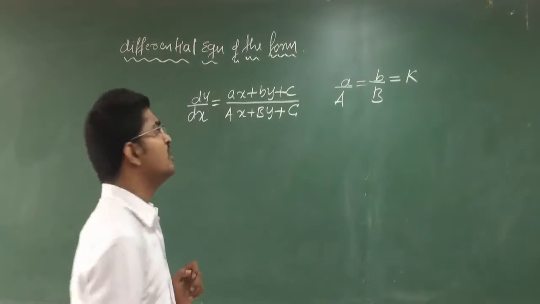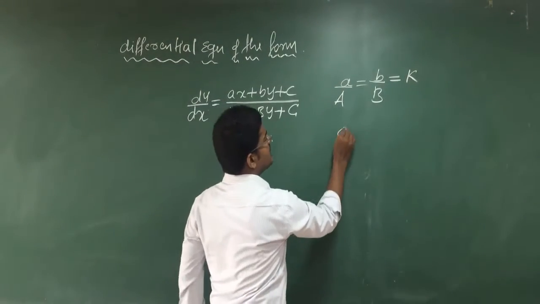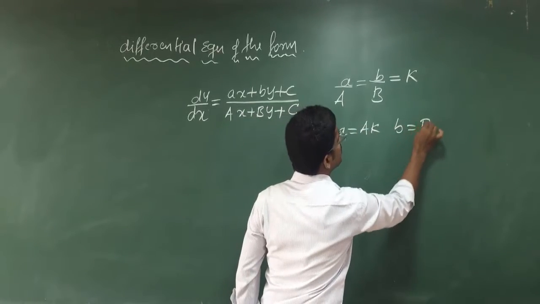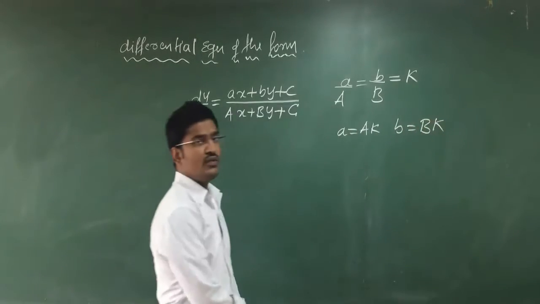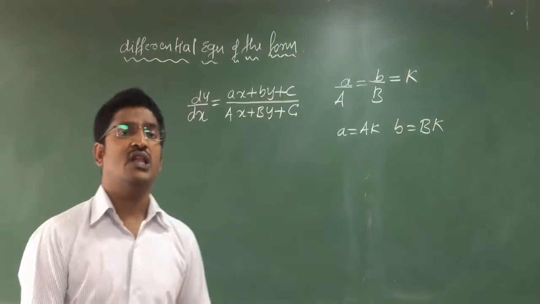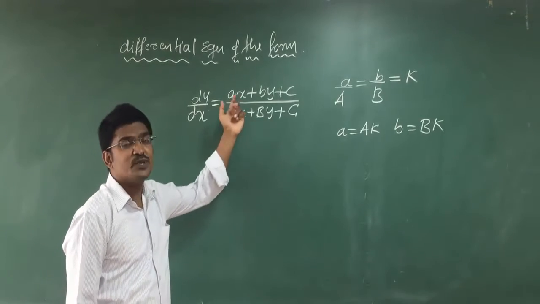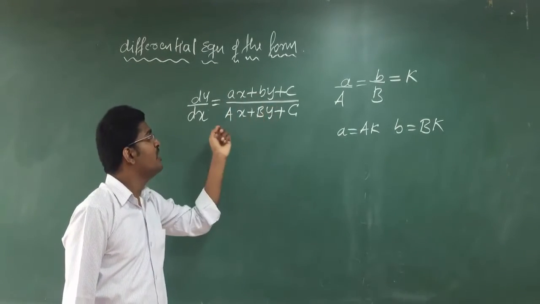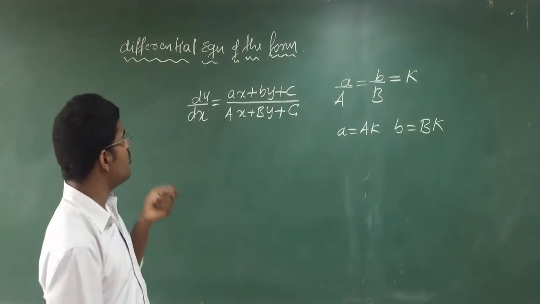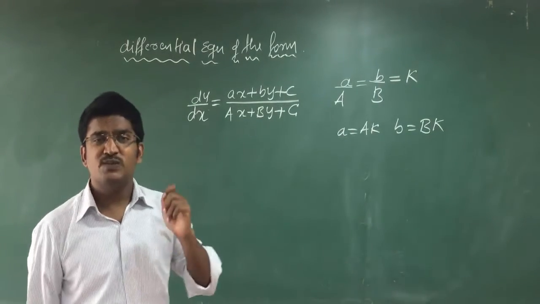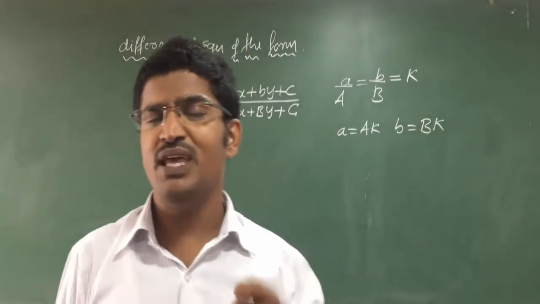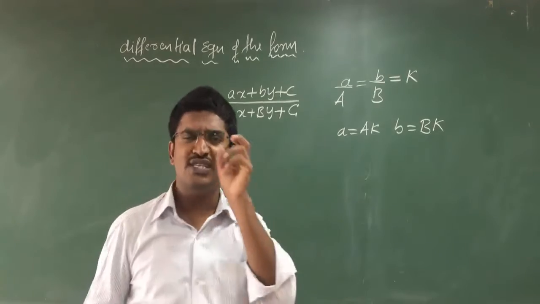Are you getting my point? If they are equal to k, then small a will be equal to capital A into k, small b will be equal to capital B into k. Are you getting my point? That means in the given differential equation, if it is in the form of ax plus by plus c divided by capital AX plus capital BY plus C, there you have to check small a divided by capital A is equal to small b divided by capital B, and both must be equal to the same constant.